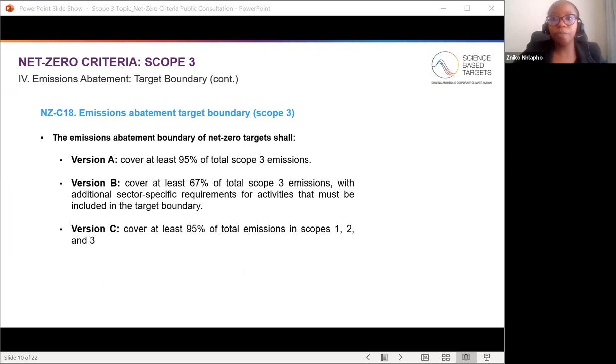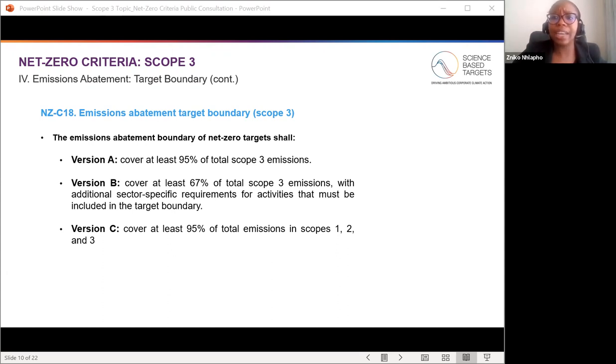As an example, a food or agricultural company could be required to include their upstream deforestation related emissions in the emissions abatement boundary of the targets. In this example, if the 67% threshold were not met after the inclusion of deforestation related emissions, the company would need to add additional Scope 3 sources to surpass that 67% threshold.